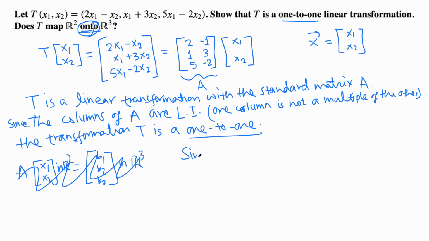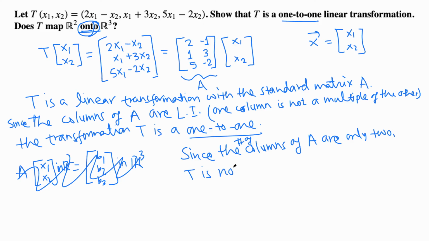So since the number of columns of A is only two, T is not an onto mapping.